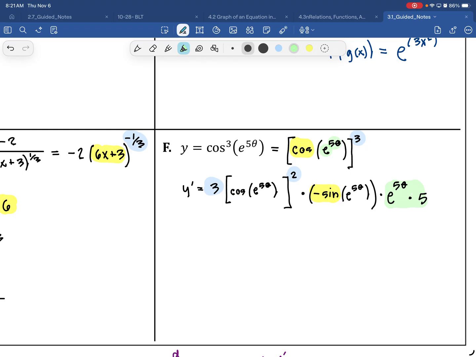You know what that would look like in multiple choice? Yeah, I'm going to use arrows. I'm going to start by multiplying those things together. 3 times a negative times a 5. And then I would have the e next. And then I could have either the cosine squared or the sine next.